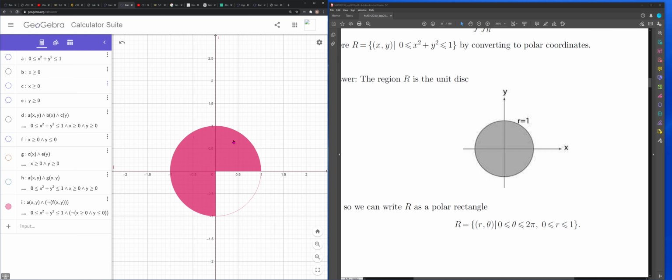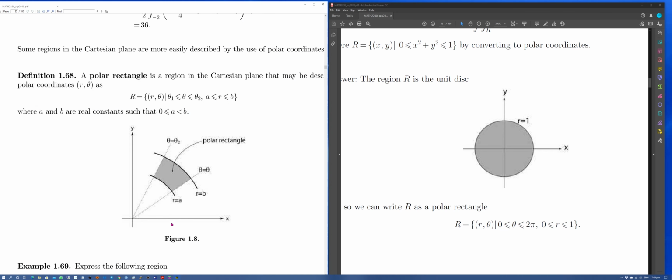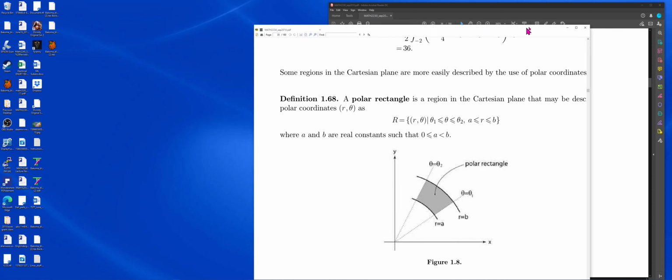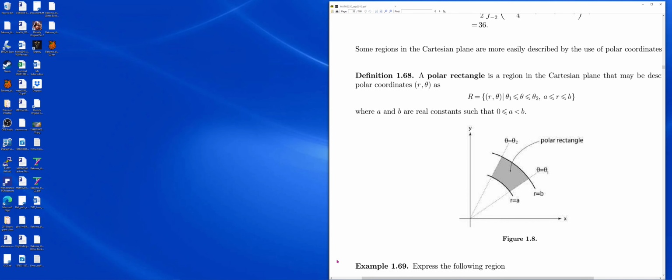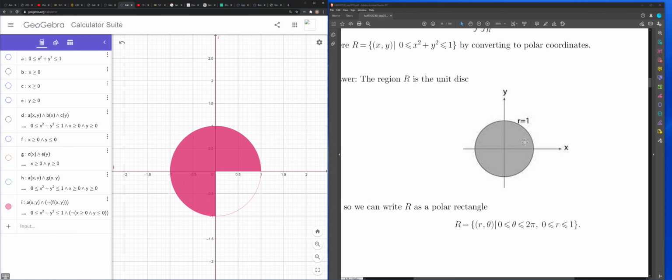Your second line, theta is equal to theta 2. For this particular case, theta 2 is going to be equal to 3 pi on 2. How does that help us here?